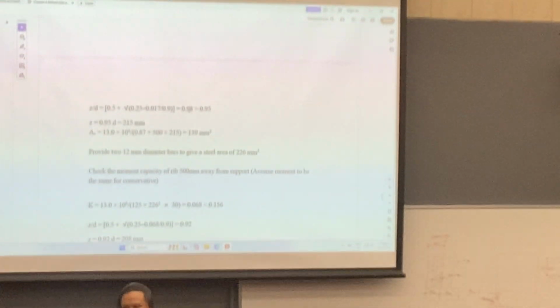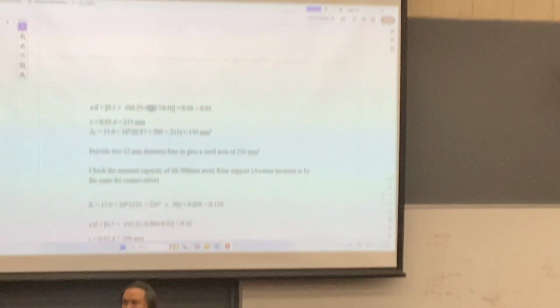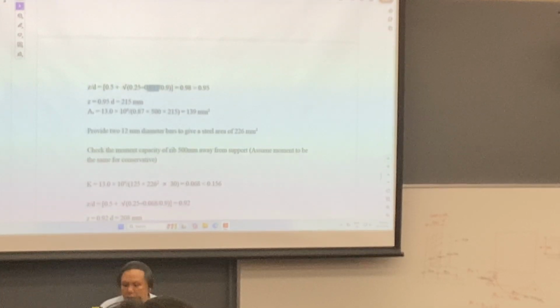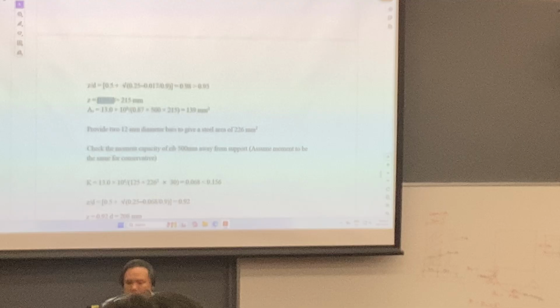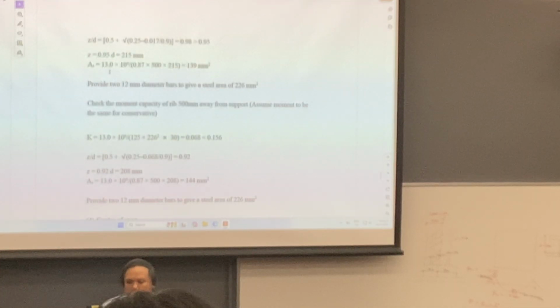Then we find z over d is larger than 0.98, of course larger than 0.95, so we put it as 0.95d. So z is equal to 215.